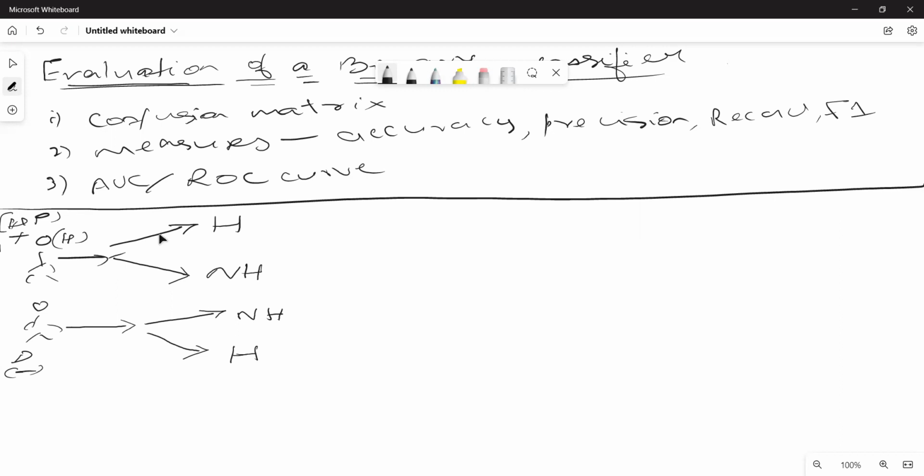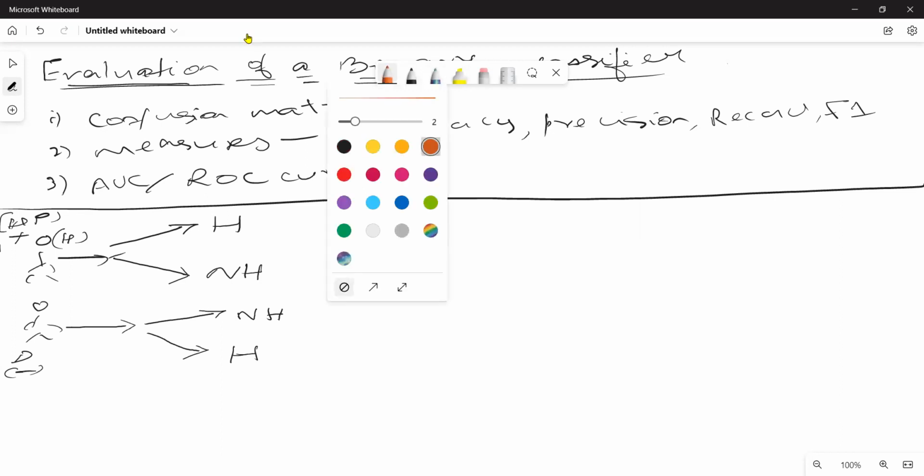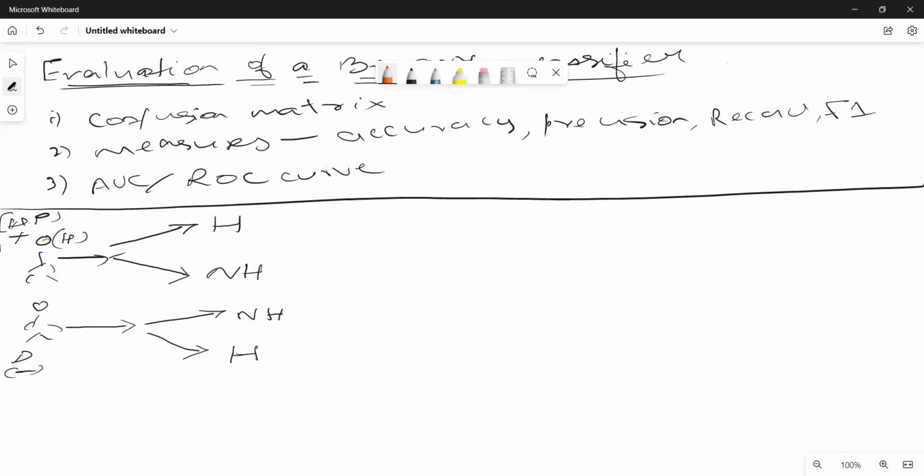Is this clear to everyone? So let me repeat this. Here we have two people. The one at the top is the healthy person, and the one at the bottom is the not healthy person.